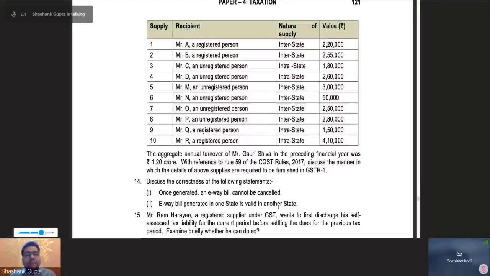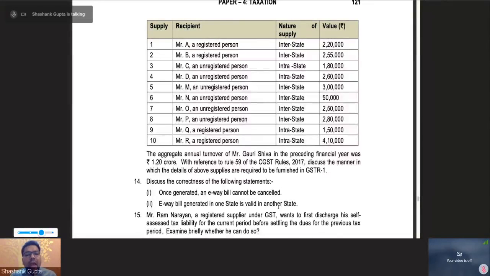Fifth, Mr. M, an unregistered person, interstate, 3 lakh rupees, that is more than 2,50,000, invoice-wise details. Mr. N, an unregistered person, interstate, value is 50,000 rupees, consolidated detail. Mr. O, an unregistered person, interstate, 2,50,000, so up to 2,50,000, you can report consolidated detail.